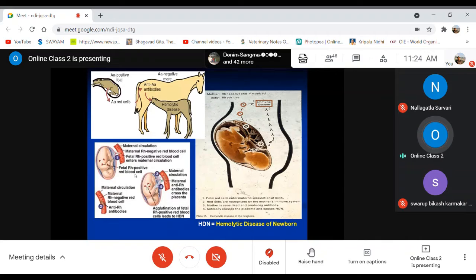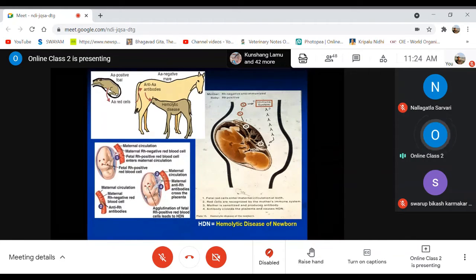If it is born alive, it will be very anemic, and even the brain may be damaged when these anti-Rh antibodies get through the mother's circulation into the circulation of the fetus, leading to excessive lysis of the RBCs. That causes a disease commonly known as hemolytic disease of the newborn.